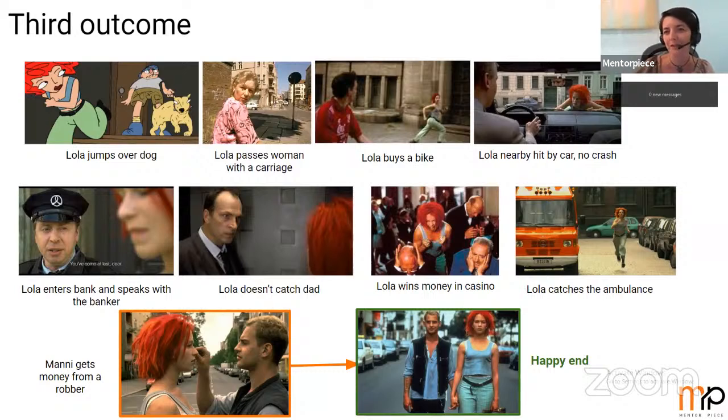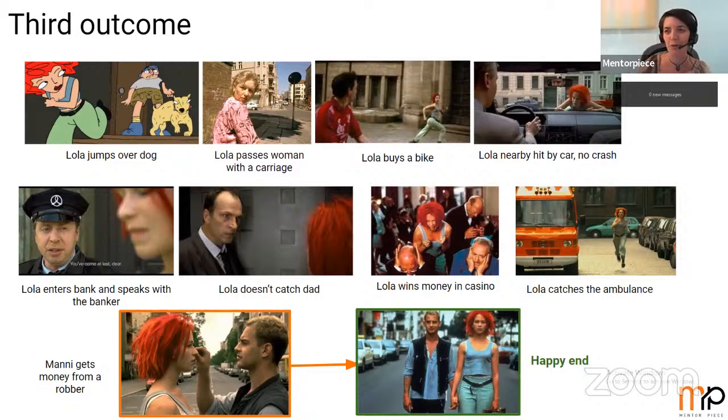Lola is nearby hit by the car, but without any crash. She enters the bank and speaks with the banker, but doesn't catch that in this type of reality. And she decided to go to the casino and won money in this casino.